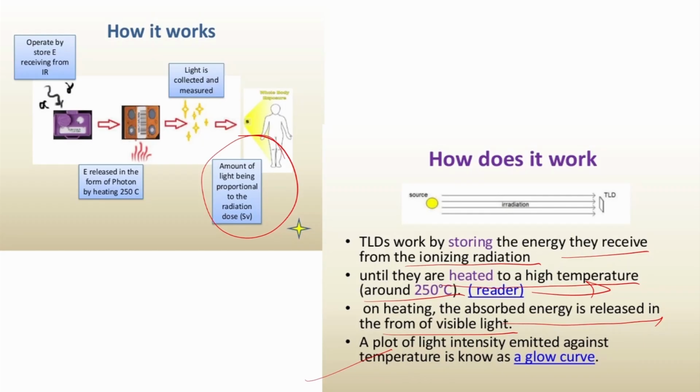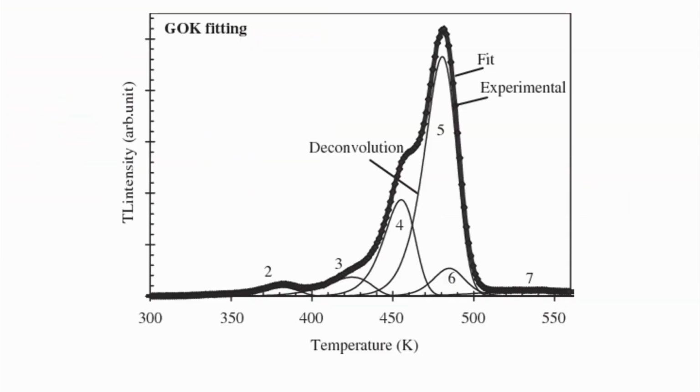A plot of light intensity emitted against temperature is drawn, and that drawn curve is called the glow curve. This glow curve helps to understand the thermoluminescence intensity, and with its help you find out your required dose. This is experimentally calculated.